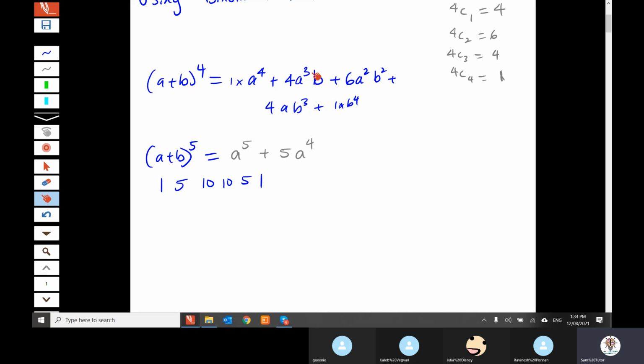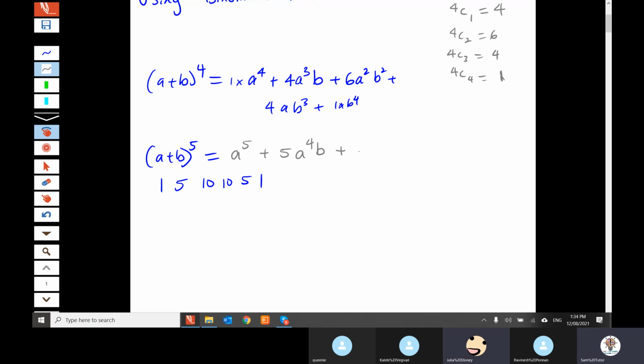Right? Because you're always decreasing one but increasing the other one. So you can't just have a to the 4. And then b to the 1. Does that make sense? Yeah. I decreased one of the a's, but then I increased my second letter.